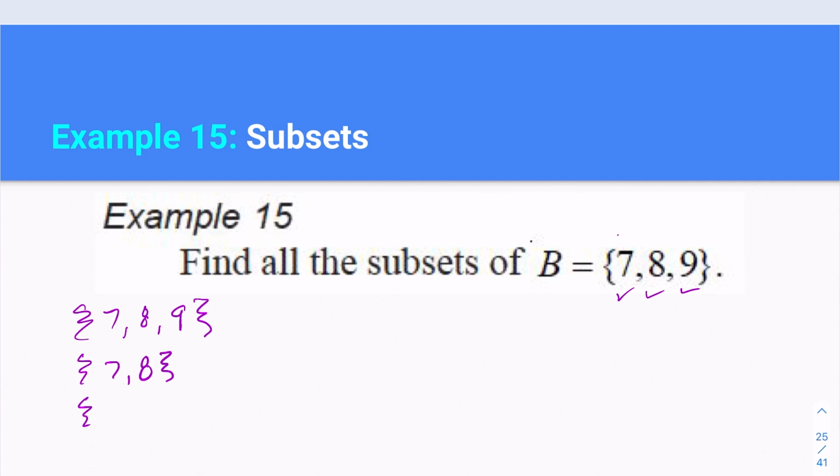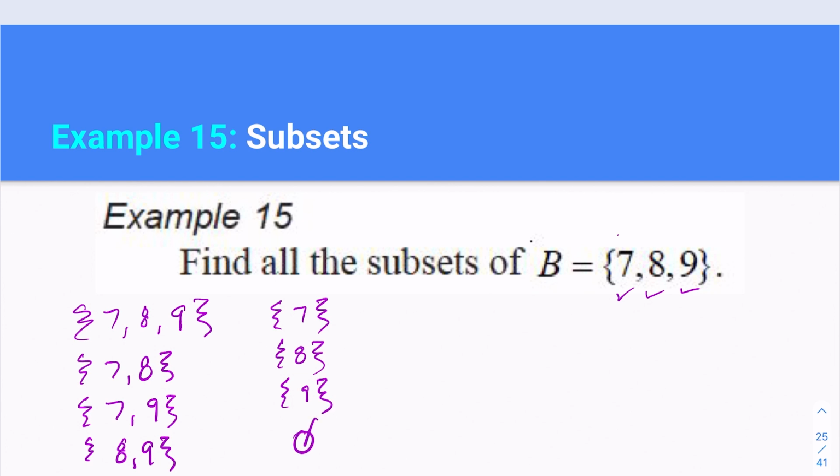Now I'm going to omit the 8. Now I'm going to omit the 7. So then I have 8 and 9. So those are all of the 2 element subsets. And now we have the 1 element subsets. And then we have the last one is nothing.